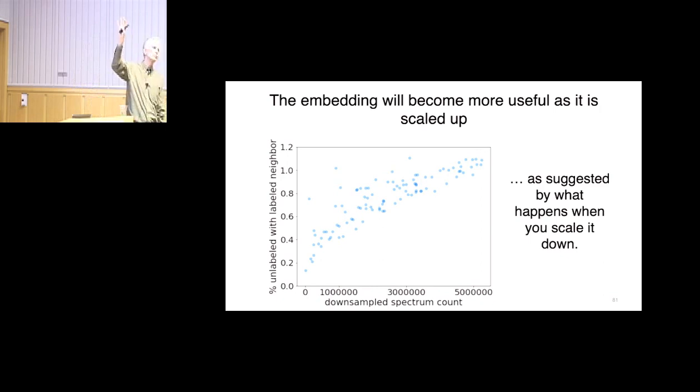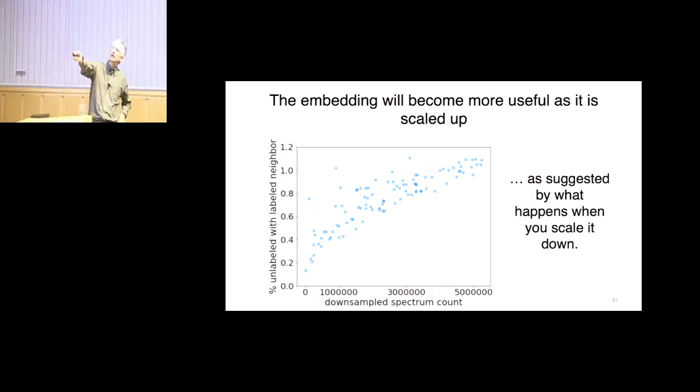This is not actually retraining the model. We're using a fixed embedding, but just asking, if you start making smaller and smaller sets of spectra by tossing out experiments from our repository, what percentage of the spectra don't have any labeled neighbor within the tau distance that I told you about before.